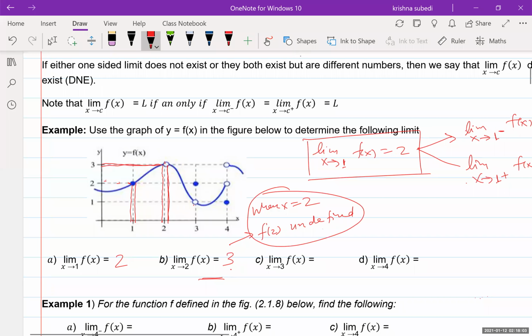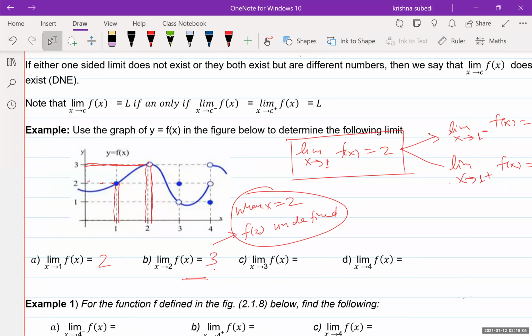It's a very important distinction between the limit and the value of the function at that point. When I say limit, I'm not talking about the exact value. It may be equal, but we are not interested in that equal value, but in the approximate value. That's a very important distinction between functional value and the limit.